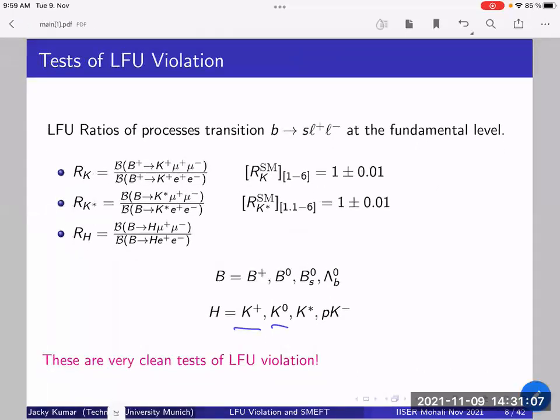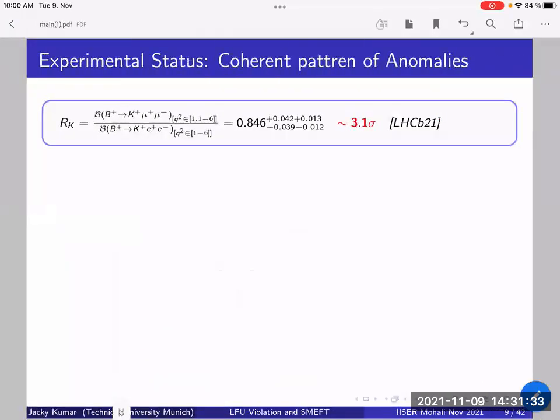So all these ratios are very, very clean tests of this feature of the standard model. And in fact, since LHCb saw this deviation, they are now measuring more and more channels to test it independently. And the interesting thing is that coherently, in all channels they have measured till now, they see the discrepancy.